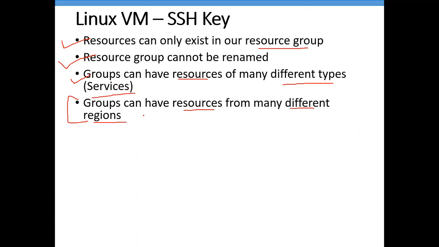It is also possible. But yes, it is not a best practice, and even in real time we are not following this. But yes, it can be possible. They might ask you the same thing in the interview. Resource groups can have resources from many different regions.